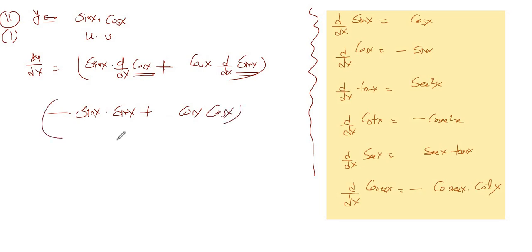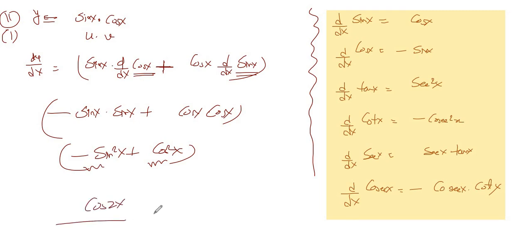Cos x. So what I got here is nothing but, can I call it minus sin square x plus cos square x? And what is cos square minus sin square? We all know it is cos 2x. Correct? This is a formula. Cos square minus sin square is cos 2x.